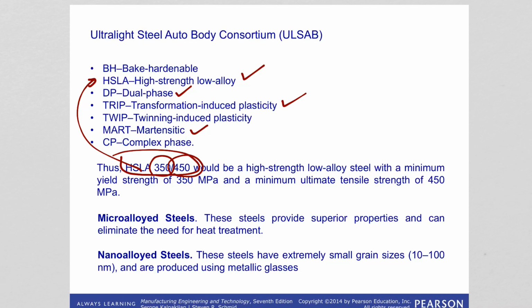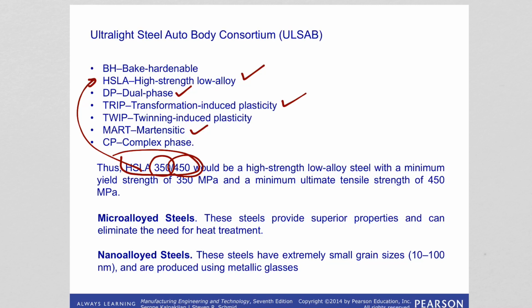Nanoalloyed steels, as the name implies, have extremely small grain size, so nanoscale, between 10 to 100 nanometers. This structure is achieved by special combinations of the alloying elements.